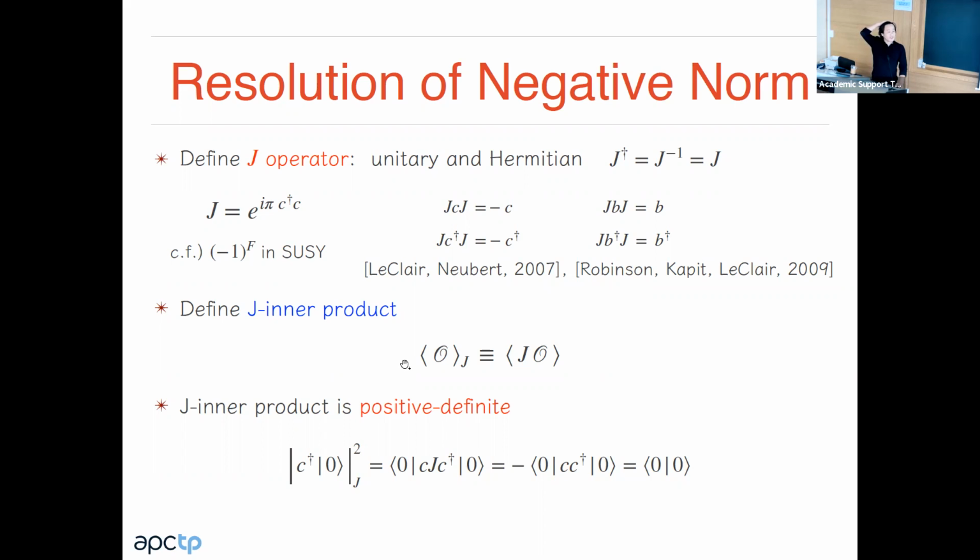What I mean is that if you want to define the inner product using J, then I would like to say that the vacuum's inner product should also be defined using J. Yes, this is also J. If you act with J on the vacuum, it's invariant, because the number operator C dagger C on the vacuum is zero, so it's just the identity on the vacuum. It's invariant.